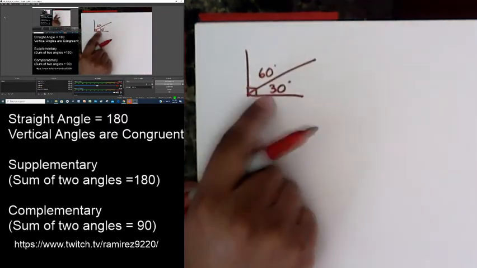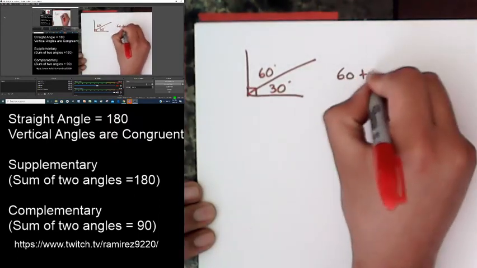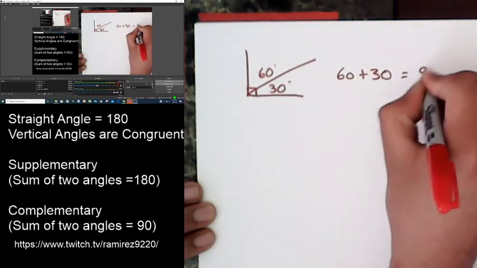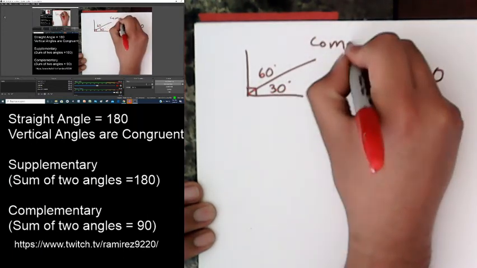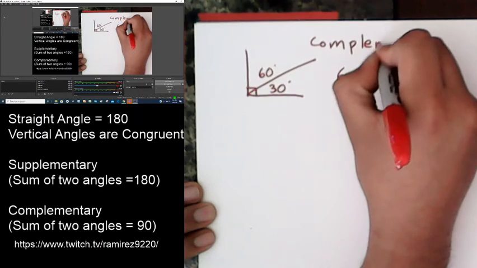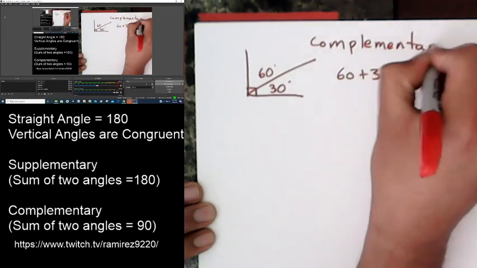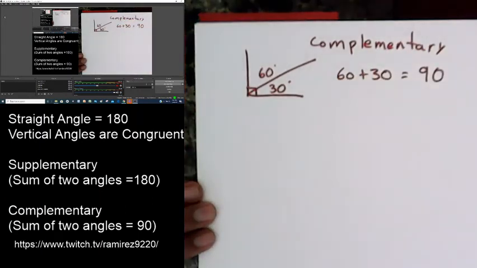So that 60 plus 30 is 90. That's what we call complementary. Complementary angles are two angles that add up to 90 degrees.